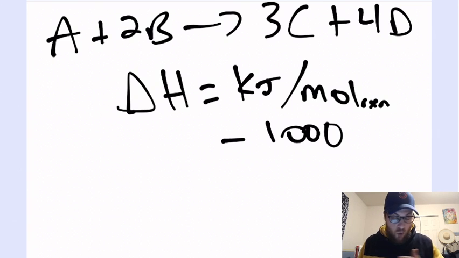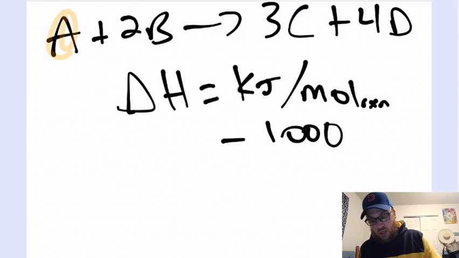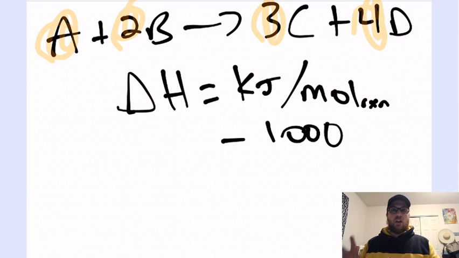Okay, so what this means is that as long as we have the mole ratios seen in the given chemical reaction, this reaction will release, because negative delta H means it's exothermic. So this reaction, when it occurs, will release 1,000 kilojoules, period.